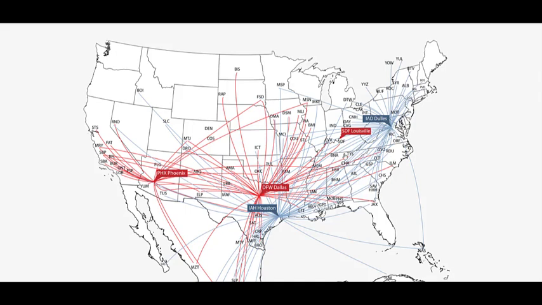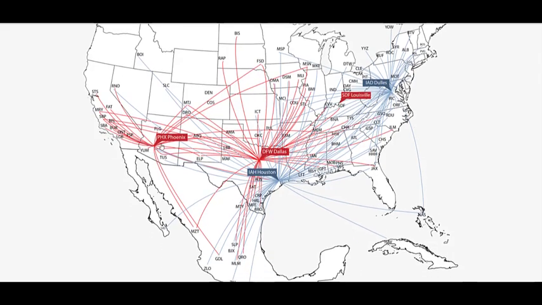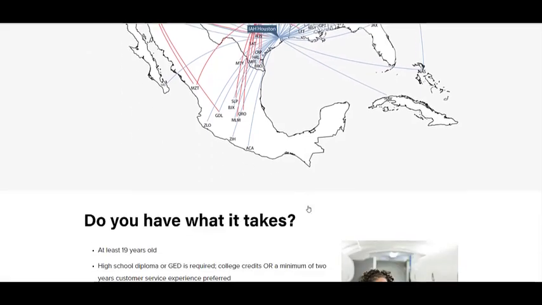I do believe that the blue indicates the flying they do for United Airlines, and the red indicates the flying that they do for American. I'm basing that on the fact that there's a lot coming out of Dallas, which is a huge hub for American, and United has a huge hub here in Houston and in Dulles.